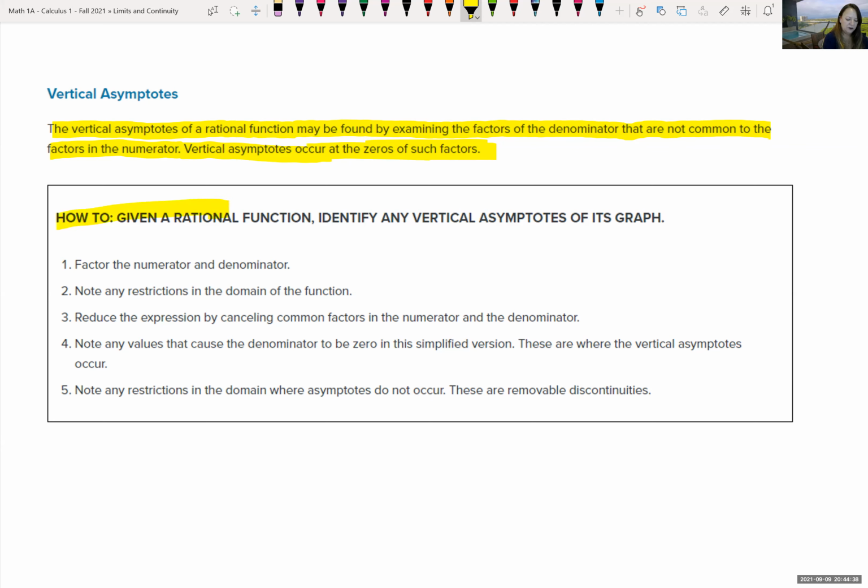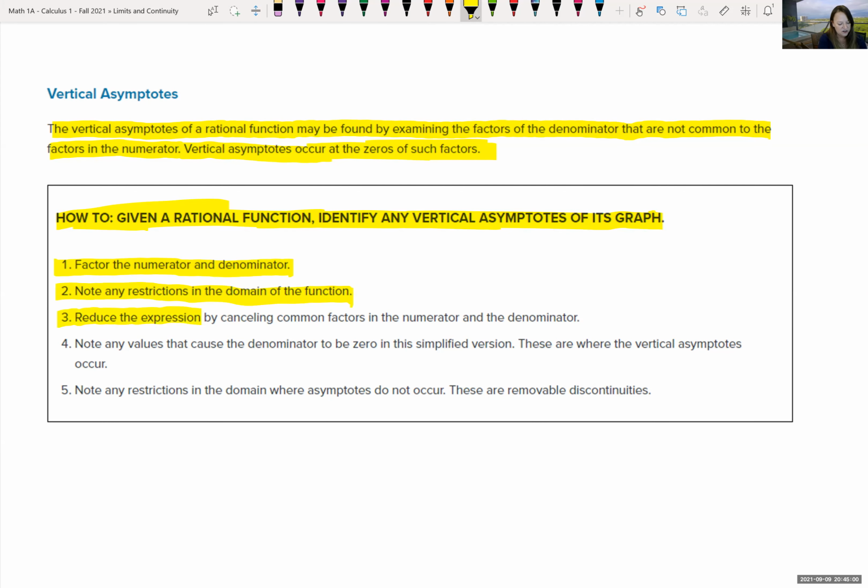Okay, so given a rational function, how do we identify any vertical asymptotes of the graph? First, you want to factor both your numerator and denominator, if possible. Note any restrictions in the domain of the function. So we have to exclude certain values of x, and those are values which set our denominator to 0.